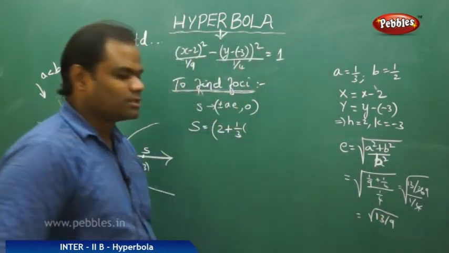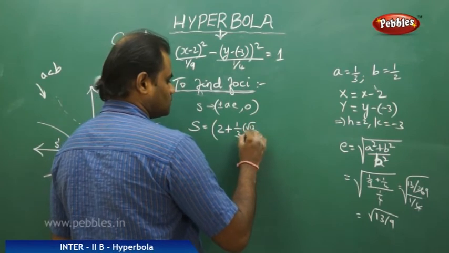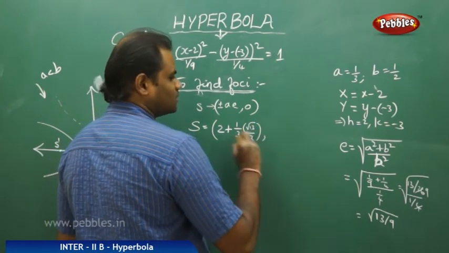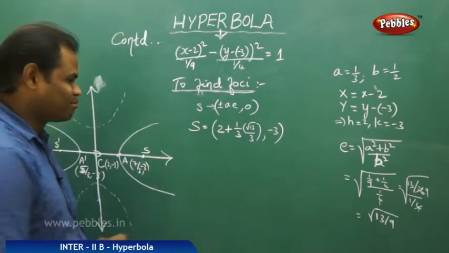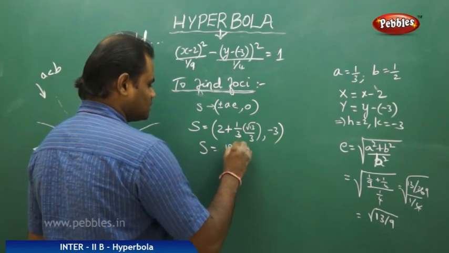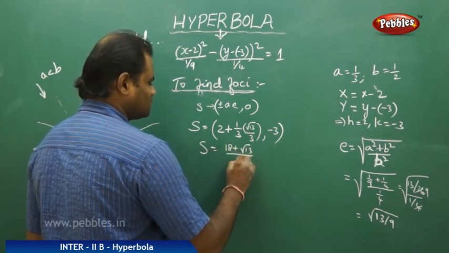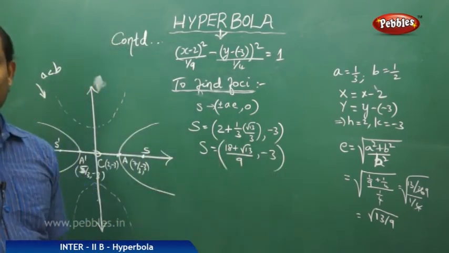So this is root 13 by 3, y, which is minus 3. So my focus is what I get in terms of root.